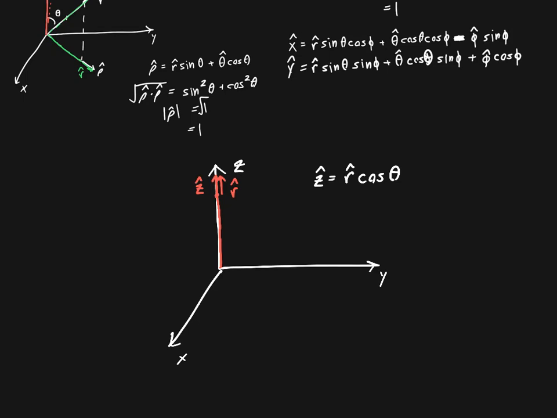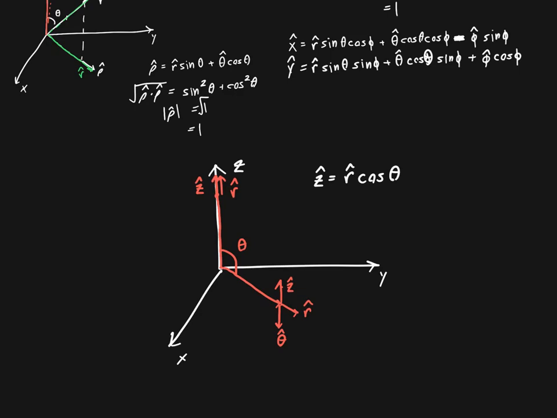So let's take theta equals pi over 2. Well, z hat is still pointing straight up. R hat is pointing straight away, and it's equal to rho hat. We know that from before. And this is theta. And theta hat is pointing in the direction of increasing theta, which is straight down.